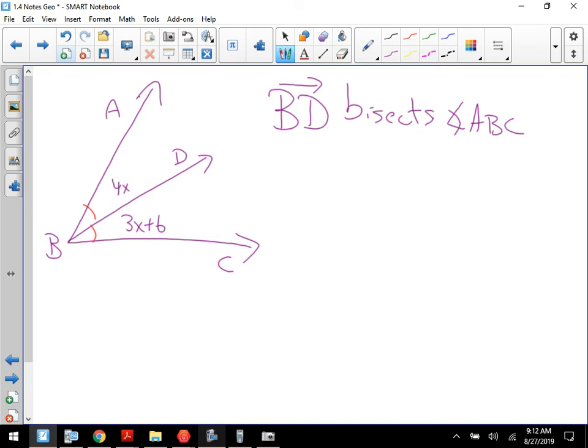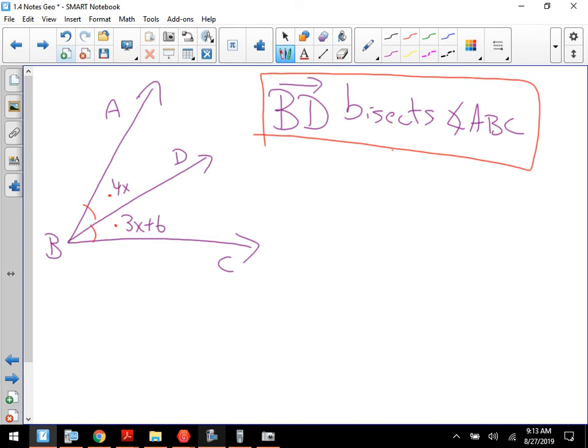So if I wanted to solve this algebraically, what do I have? How would I write that out? 4x. Exactly. Perfect. Very good. I know because of the definition, a bisector creates two equal congruent angles.